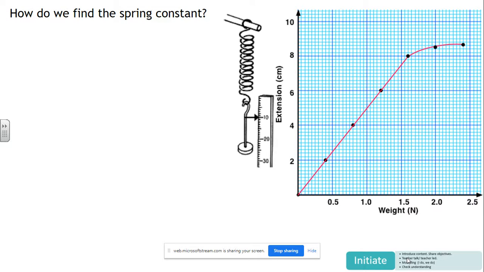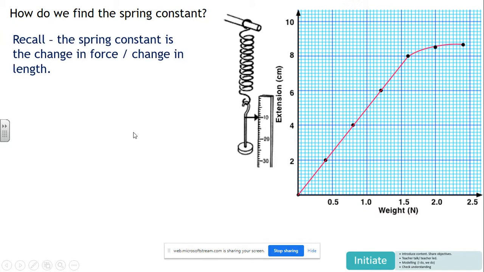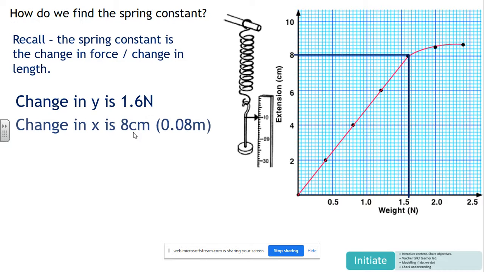A spring constant tells you how stiff a spring is. Very simple experiment: we hang up a spring and add weights, as in the little picture there, and then we measure how much it stretches. If we plot weight on the x-axis against extension, we end up with a straight line relationship, which means the spring is obeying Hooke's law. From that graph, we could work out the spring constant.